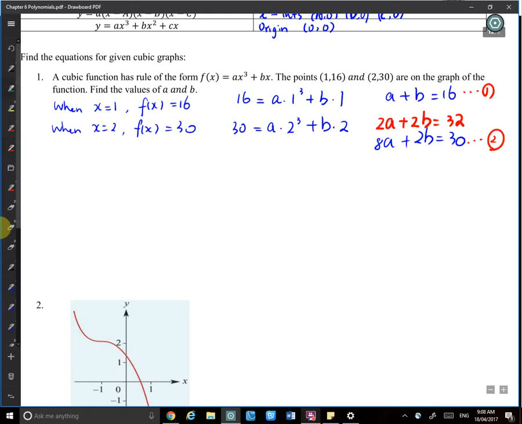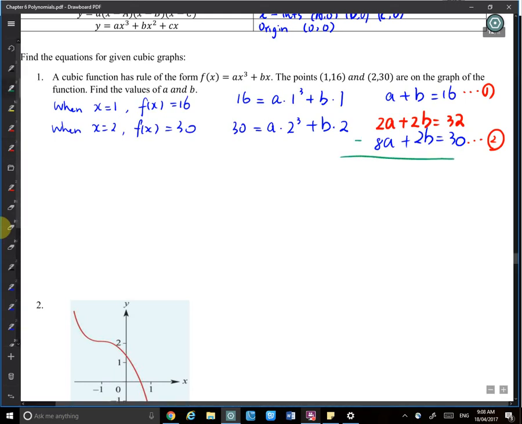What I need to do is subtract between the two equations. I'll subtract the top one from the bottom one. 2a minus 8a gives me minus 6a. 2b minus 2b equals 0. 32 minus 30 gives me 2. So a will be negative 1/3.